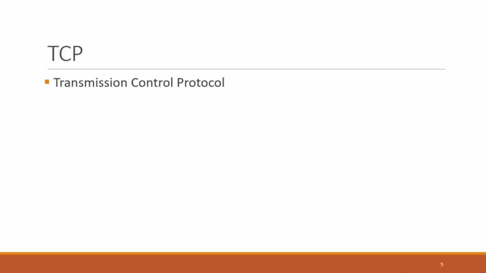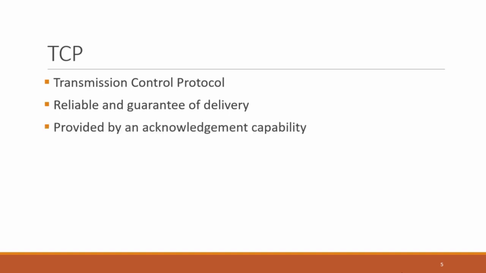And now we have TCP, Transmission Control Protocol. The main protocol for most of the network traffic we will analyze is that of TCP. This is because TCP is primarily used in the majority of the different protocols. It provides us that reliability that we need for network communications that require it. Remember, we have the guarantee of delivery. We get this guarantee of delivery by an acknowledge capability.